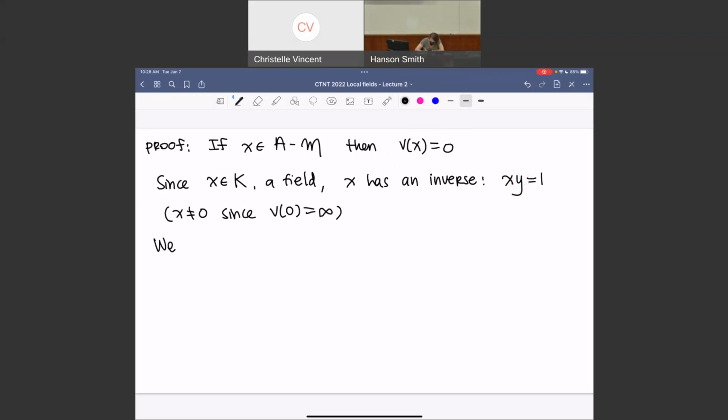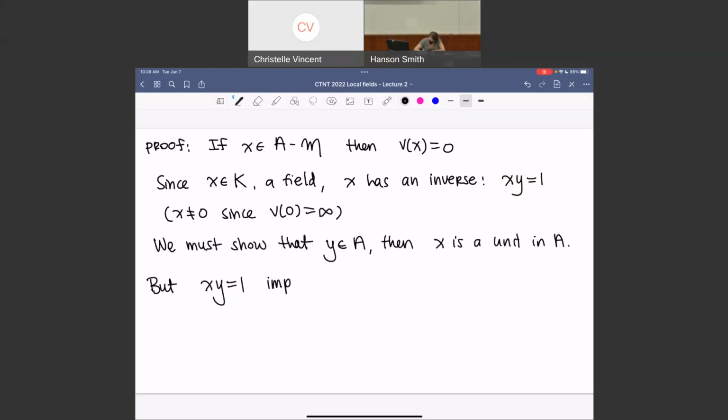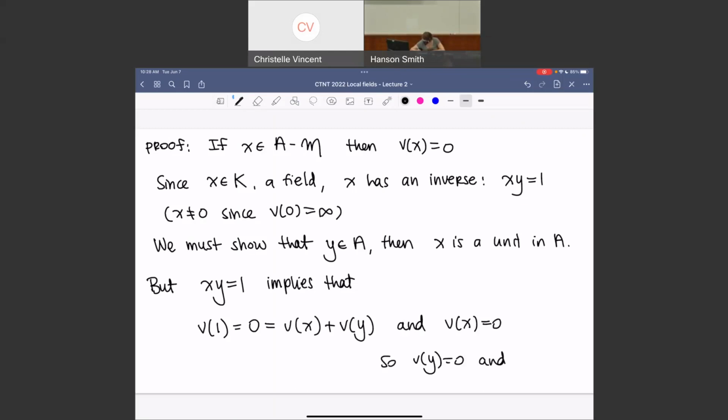So we must show that y belongs to A, then x is a unit in A. Now that we have this equation, xy is equal to 1 implies that the valuation of 1, which is 0, is equal to the valuation of x plus the valuation of y, and the valuation of x is 0, so the valuation of y is 0, and y is in A.